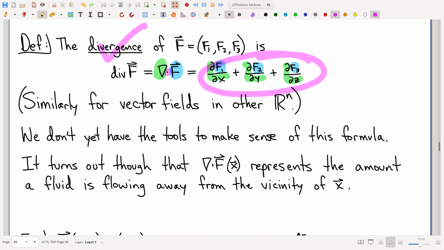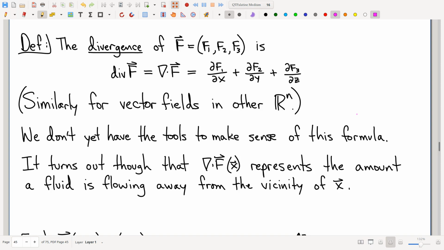Now, why the divergence does what I'm about to claim it does, that's a long discussion. We don't have the tools for that yet. I'm just going to make some assertions about what divergence does, and I'm going to hope that y'all are willing to believe me, at least in the short term, and then I'll give you more thorough fleshing out later on.